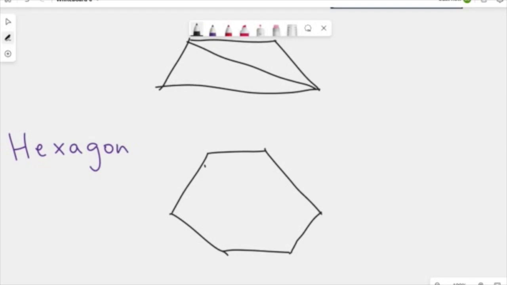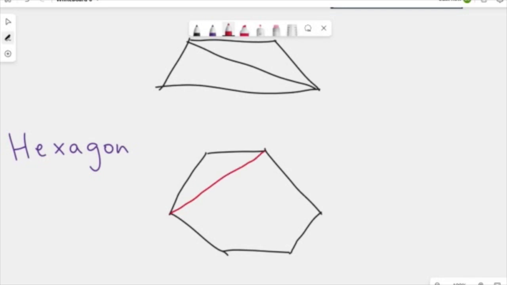Now, our hexagon, a six-sided shape. Let's see how many triangles we can make, extending from this one vertex here.